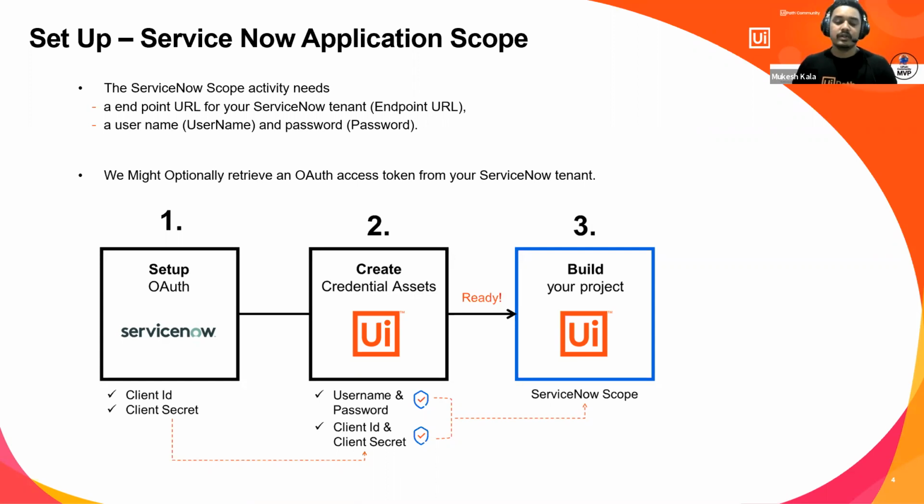Let's say for a robot account, I create robot ABC and I give it a username and a password. So these are the two sets of credentials which I require. I'm going to show you how exactly I can get both of them. And the last thing is, once you have all of these credentials, you go to your UiPath, you build a project, and you provide these details to the ServiceNow scope. So this is how this integration looks.